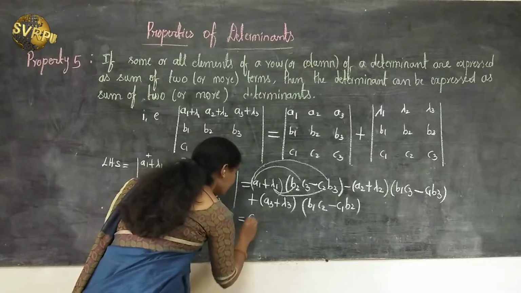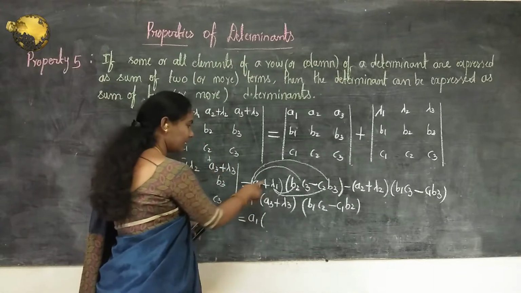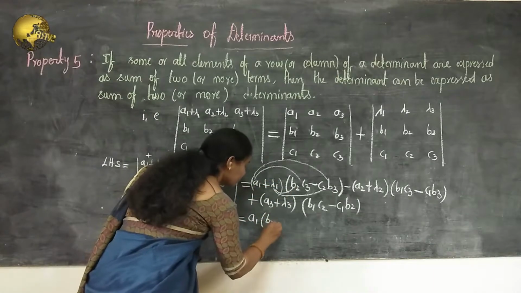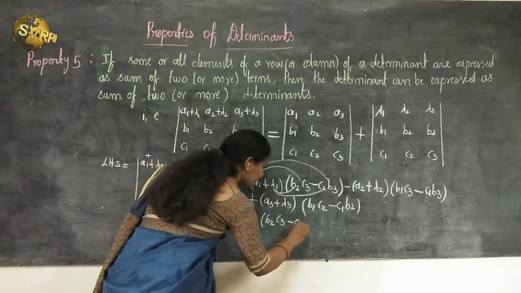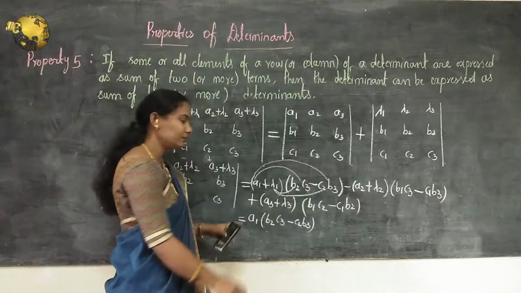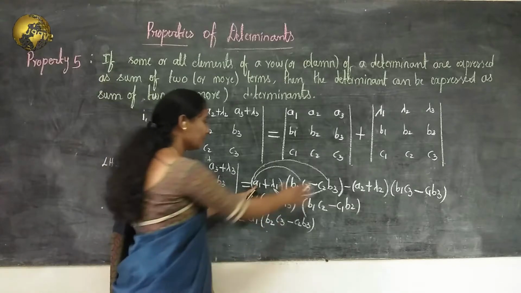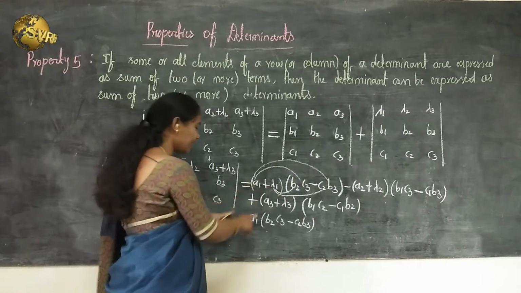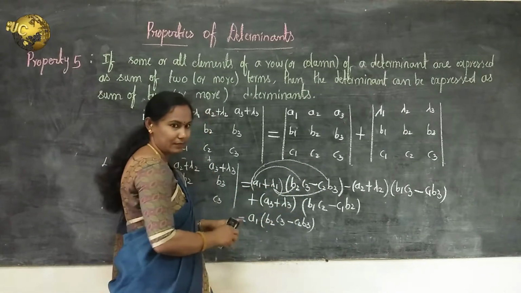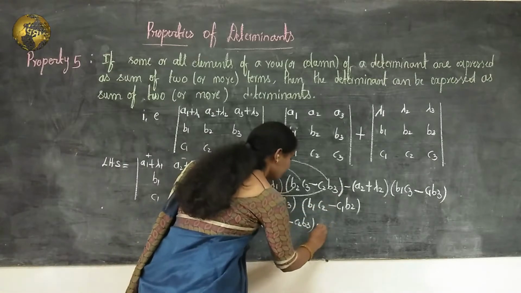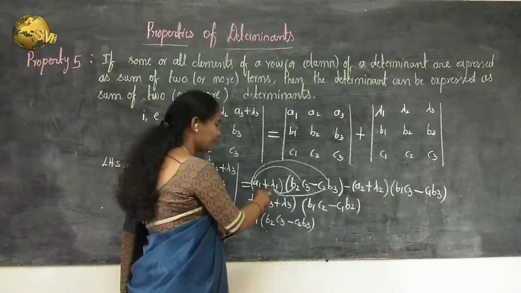Here A1 into B2 C3 minus C2 B3. So A1 into the whole thing, or we can write A1 into first one, A1 into second one. I'll write the next element later.